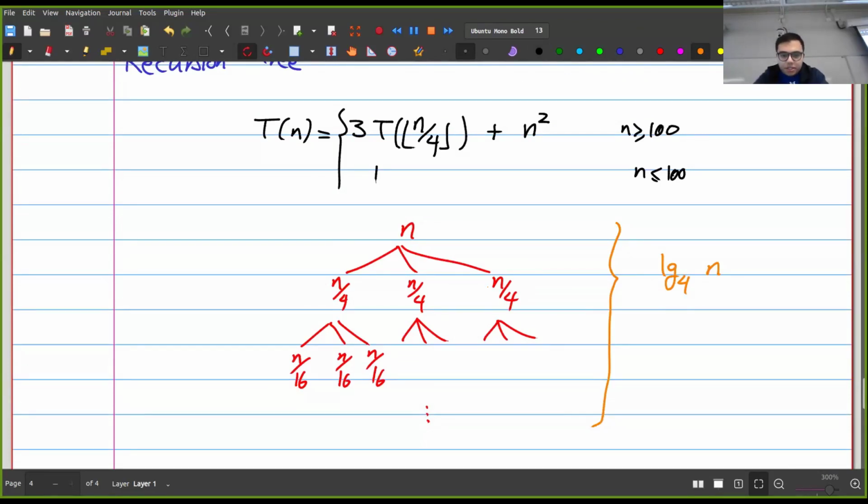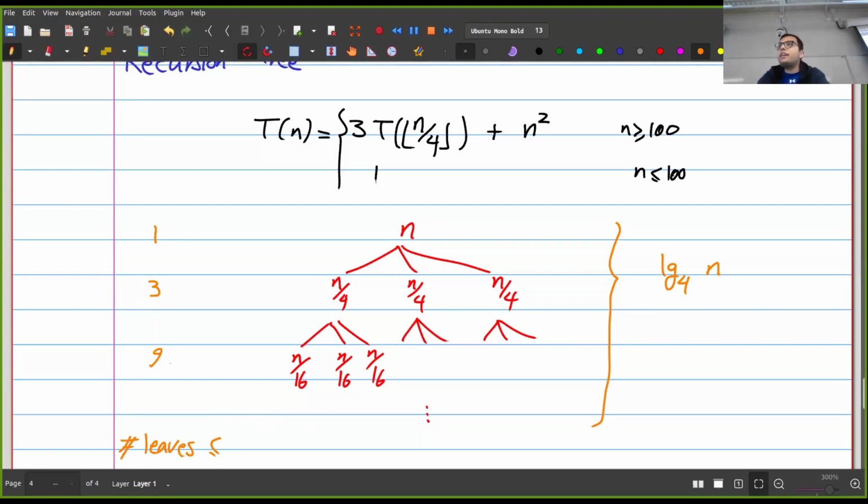So how many leaves does this tree have? Like at the very last level, what is the number of leaves? Let me ask something else. What is the number of nodes at level 0? It's just 1. What is the number of nodes at level 1, 3. What is the number of nodes at level 2? 9.